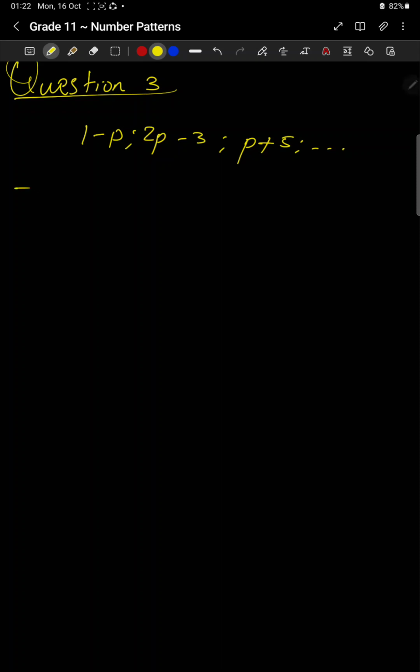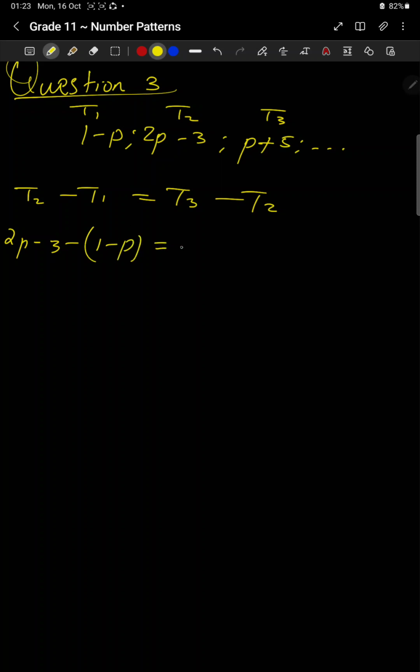That is t2 minus t1 is equal to t3 minus t2, where this is t2, this is t3, and this is t1. So that means 2p minus 3 minus 1 minus p is equal to t3, which is p plus 5 minus 2p minus 3.